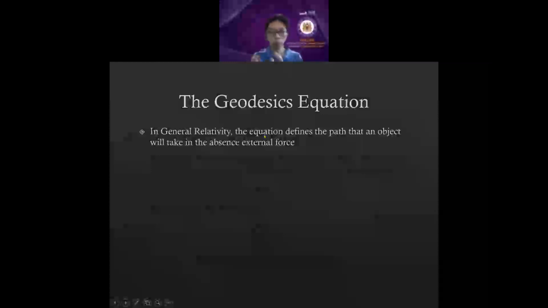One thing that you have to take note of here is that gravity is no longer viewed as a force. In GR, gravity is no longer a force. So the term 'in absence of external force' means that the object is only being affected by gravity. Gravity is no longer considered an external force.